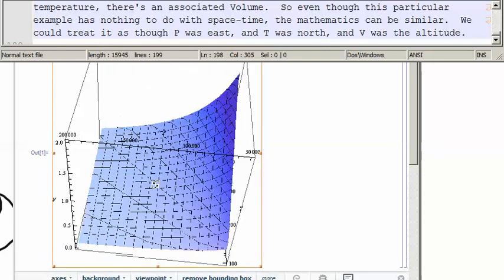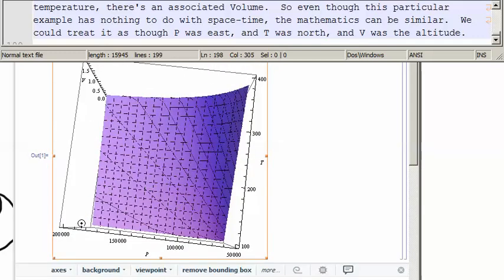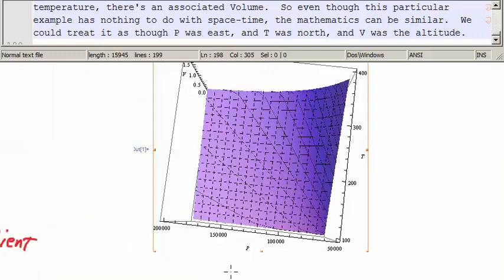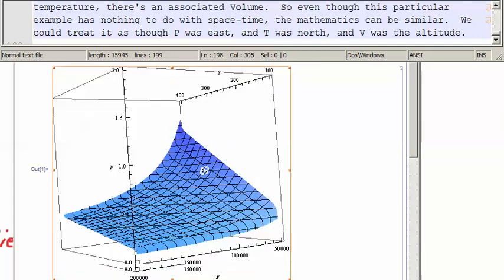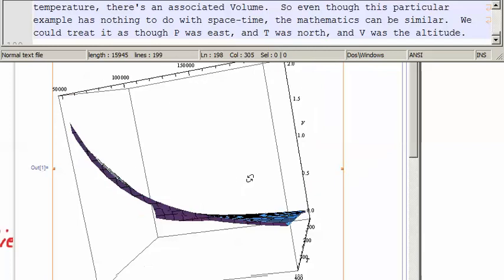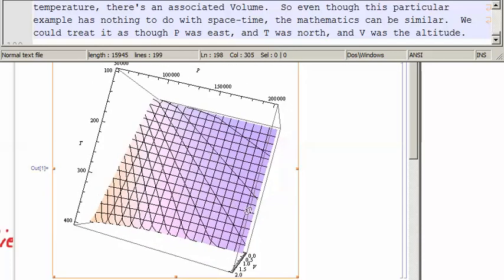Okay, so looking down at it, okay, now it's more familiar, the direction of the map with P going east and T going north. Nope, I've still got it goofed up because this goes 50,000, 100,000, 150,000. Let's try that again. Turn it up this way, spin it all the way around, and then bring it this way and see if we get it.